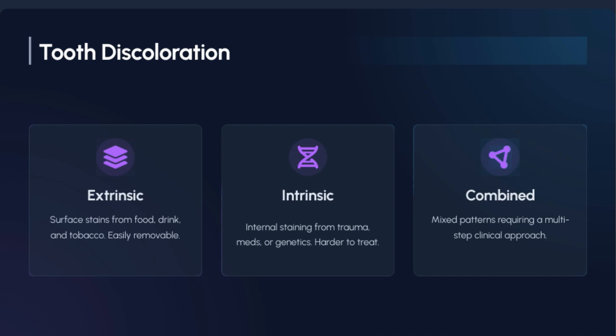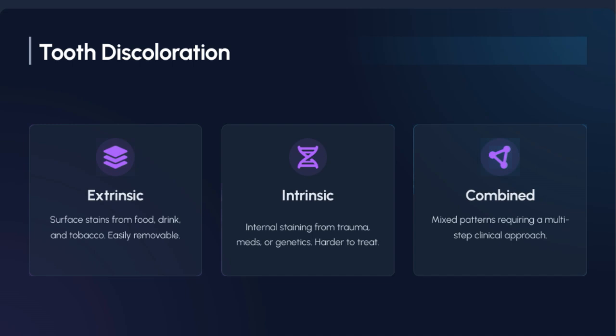Next, intrinsic stains are those that come from within the tooth itself. Common causes include certain foods, drinks, or tobacco use, which can cause surface stains. The good news here is that these are generally easier to remove or lighten with whitening procedures. Finally, extrinsic stains are surface stains caused by external factors like coffee, tea, or smoking.